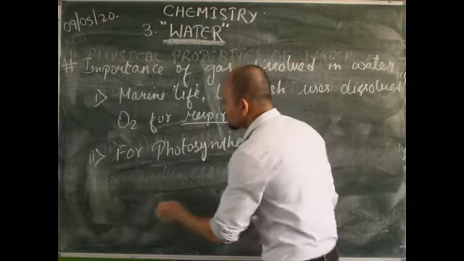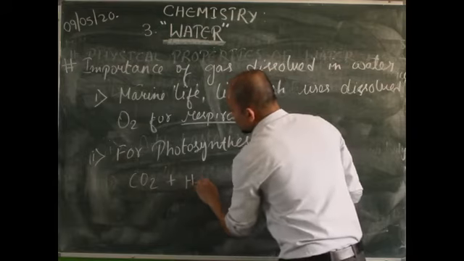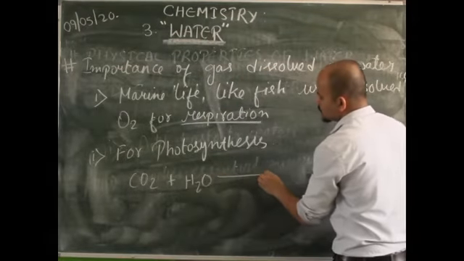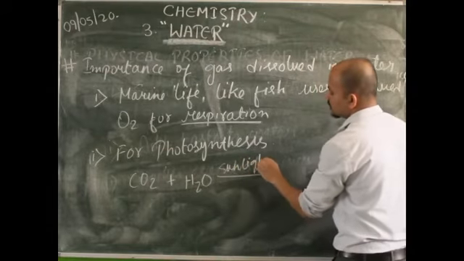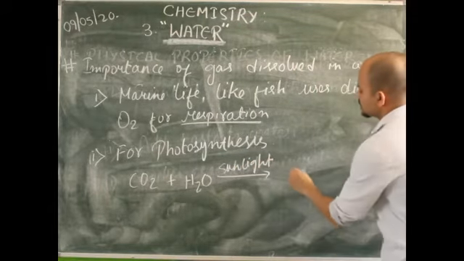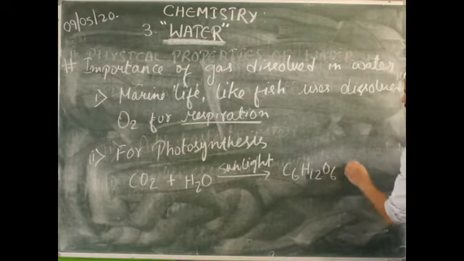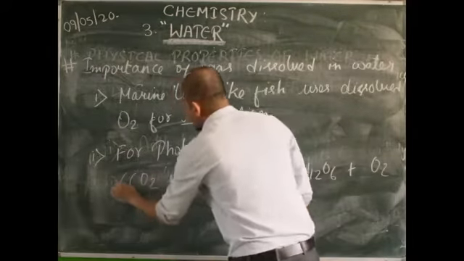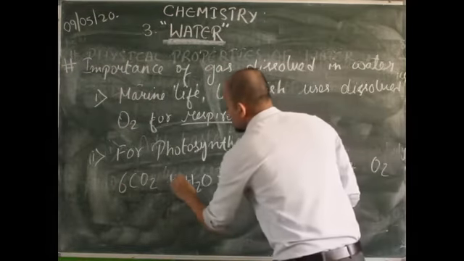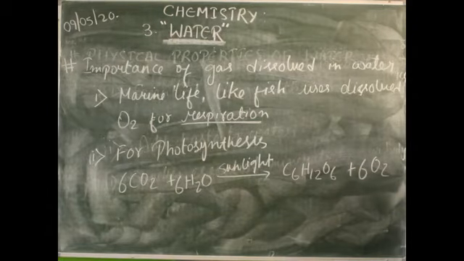This dissolved carbon dioxide is used in the process of photosynthesis. It gives you what? Glucose, C6H12O6, plus oxygen. We have discussed this reaction before also. So 6 carbon dioxide, 6 water molecules, and here also 6 oxygen.